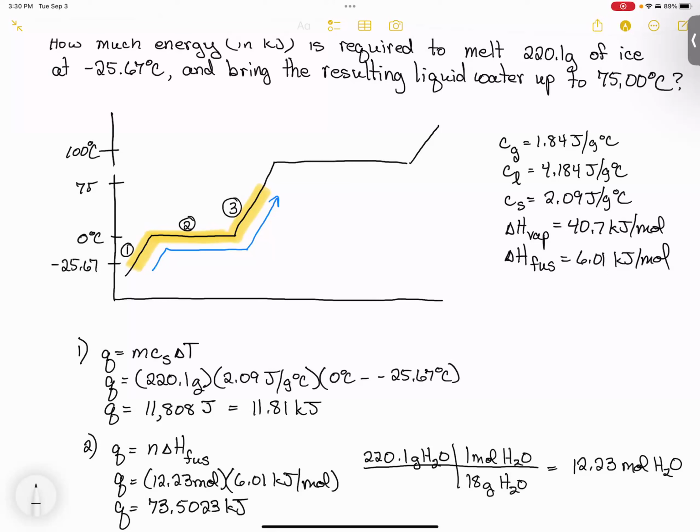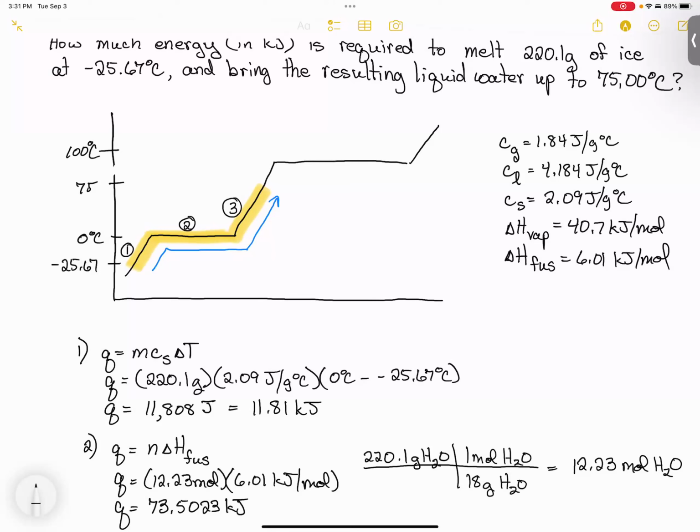Any questions about heating and cooling curves? Some of the same stuff I've been talking about is the same stuff I'm about to talk about, but in a different format. Yes. So when would you use the delta H of vaporization? Delta H of vaporization is used if you cross this line.